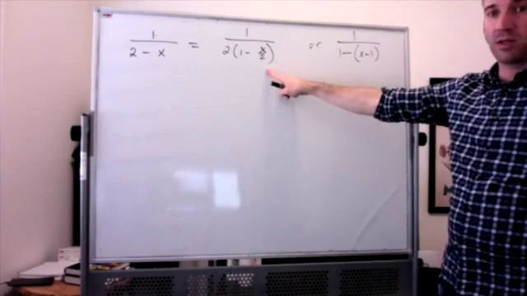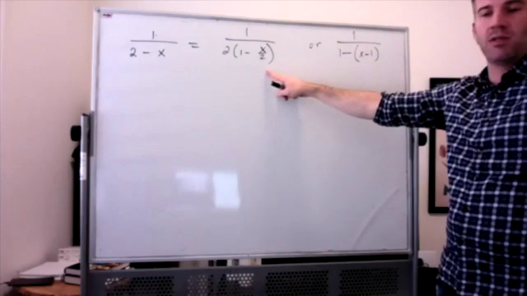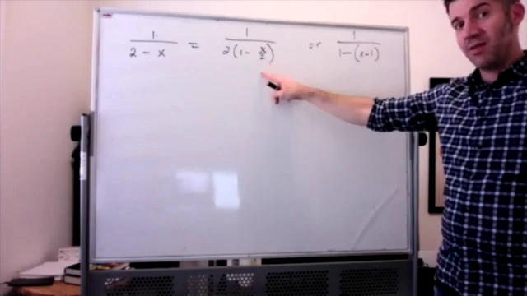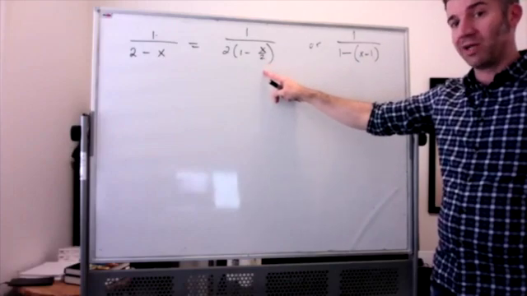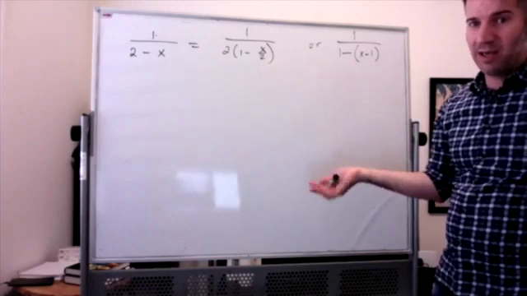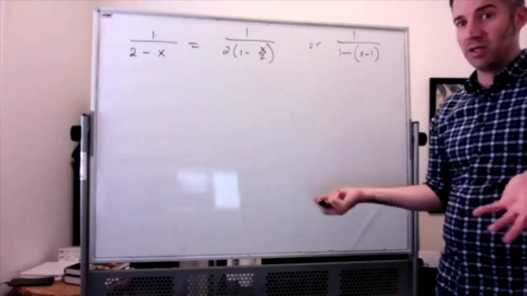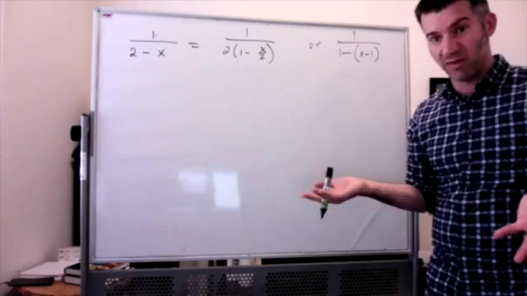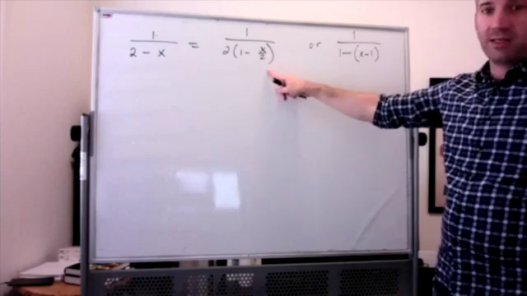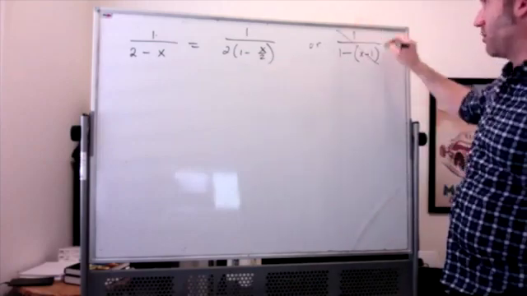This has 2 things going for it. One, centered at 0, which is in a vacuum preferable. But more importantly, this one actually has a larger interval of convergence than this one. And if we ever have a choice, we usually would prefer to pick the expression that converges for more values of x than the expression that converges for fewer values of x. So we're going to do it like this, not like this, even though this is the way I would generally think of doing it.